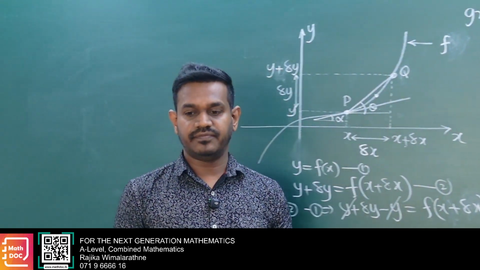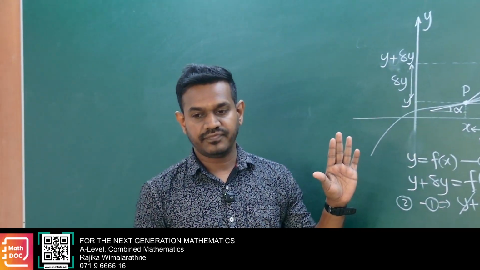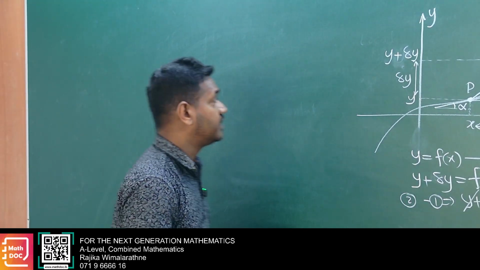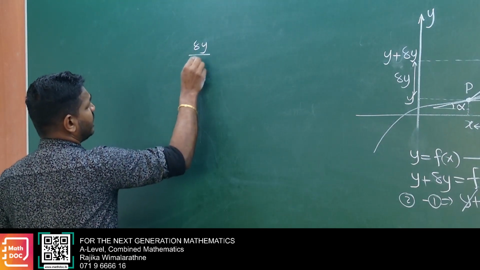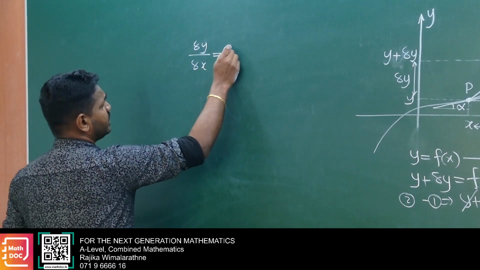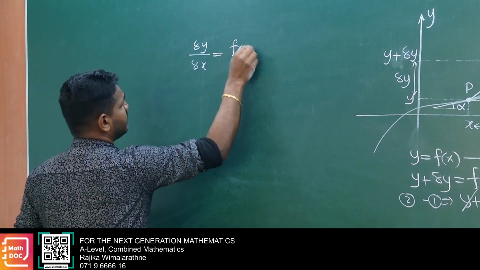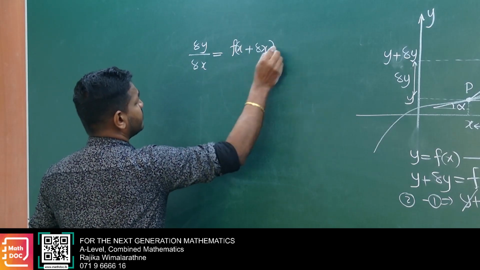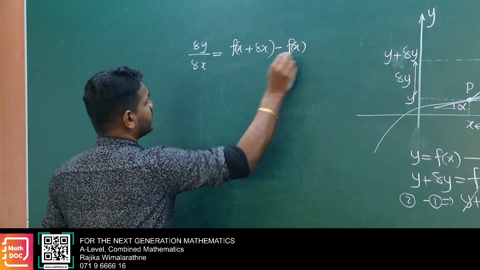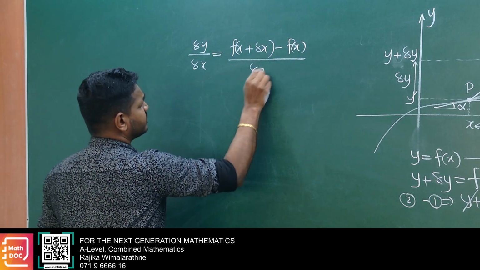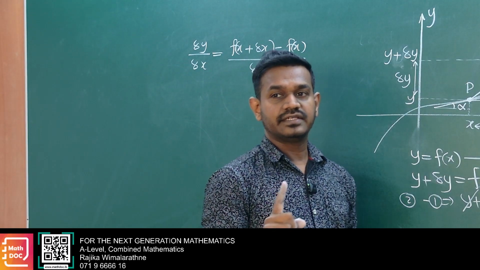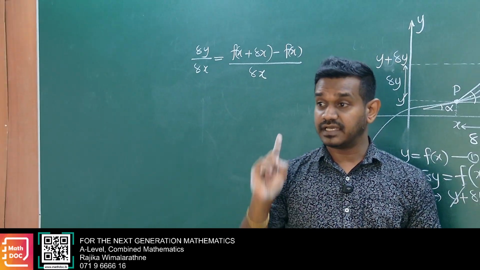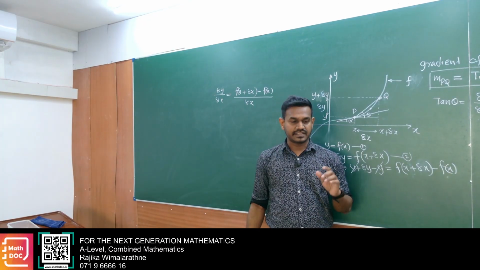Now further, you see, delta y divided by delta x equals f(x plus delta x) minus f(x), divided by delta x. Analyze this: delta x is a single term.